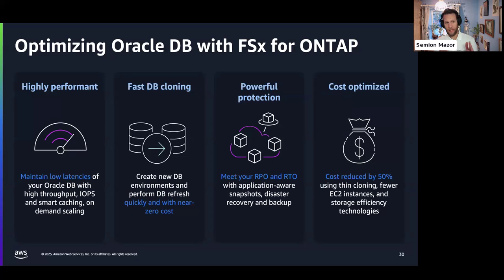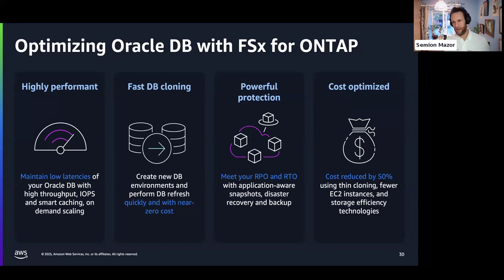It provides the fast cloning capabilities to create new database environments and perform database refreshes quickly and with near zero additional cost. It provides powerful protection to meet even the strictest RPO and RTO with application-aware snapshot, disaster recovery, and backup capabilities. And then while having all that, it will also optimize cost.